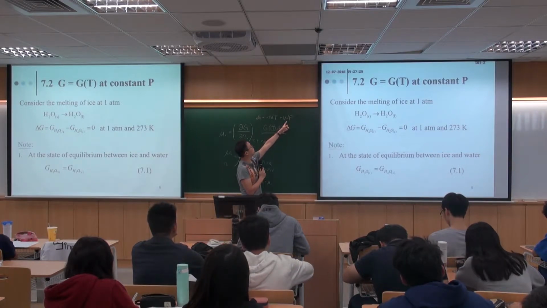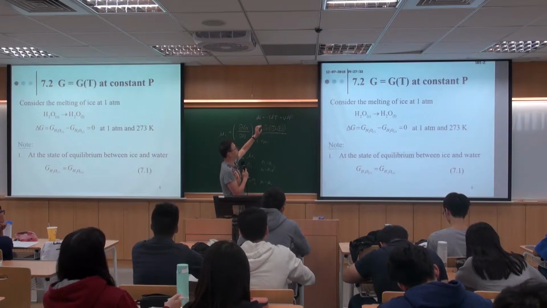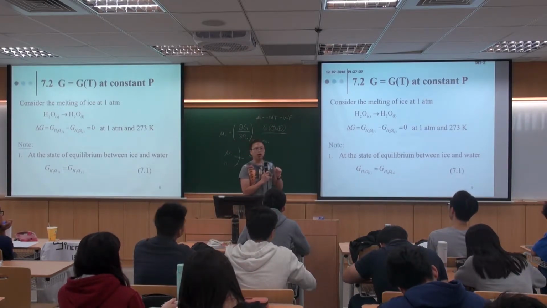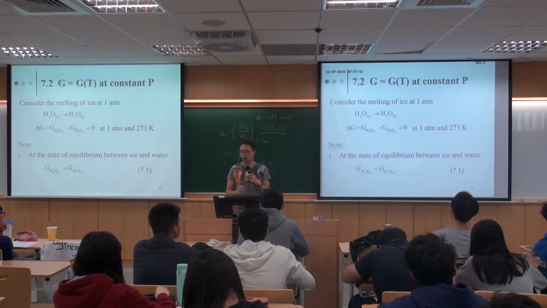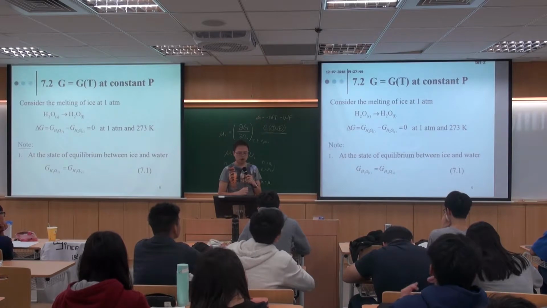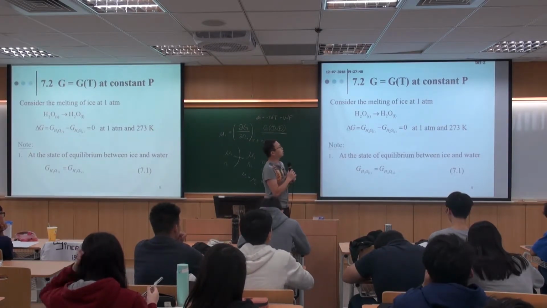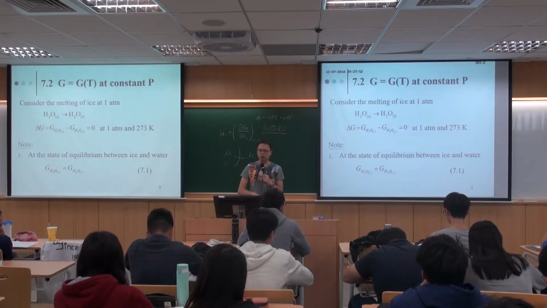So dP is 0. If we don't have this term, then the change of Gibbs free energy will be only related to temperature. So that's the reason why in this case, Gibbs free energy will be a function of temperature only.